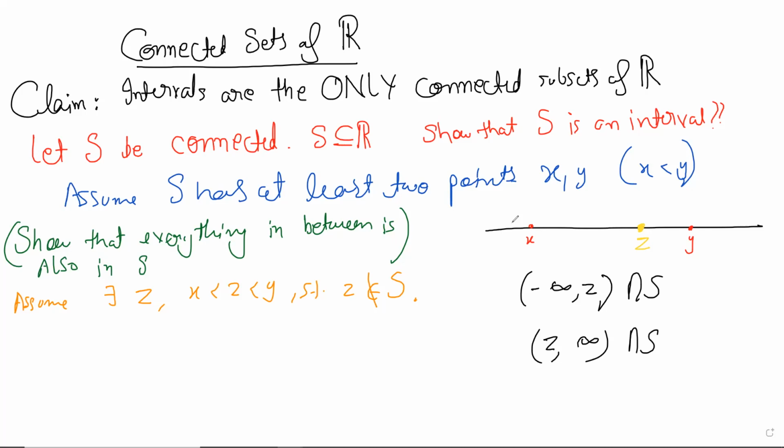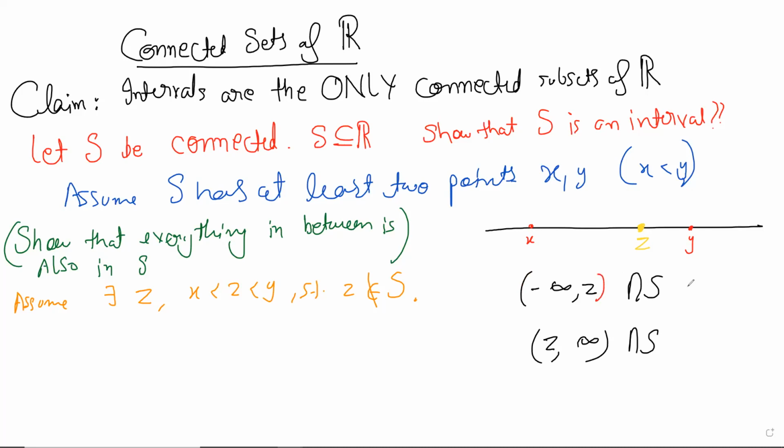Okay, and you see, this is open, obviously, it's an open interval. So if you take its intersection with S, then that is open by definition. Intuitively also, if you take any point, that interval will be in S. But let's just take it by definition.